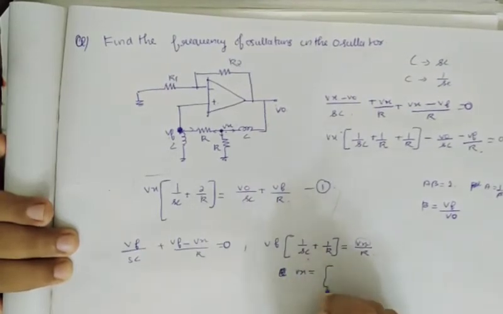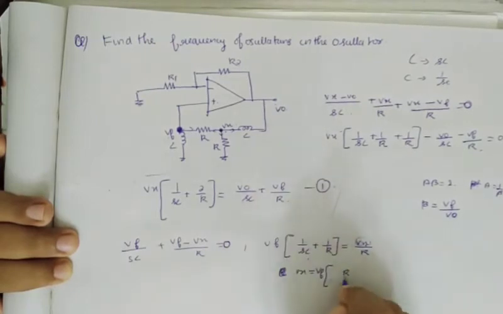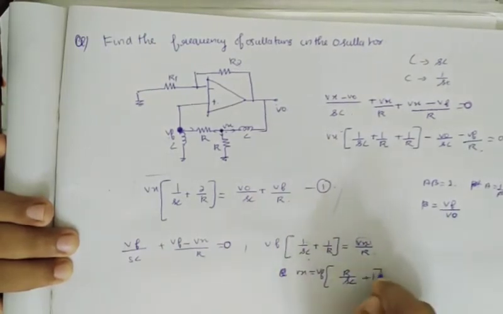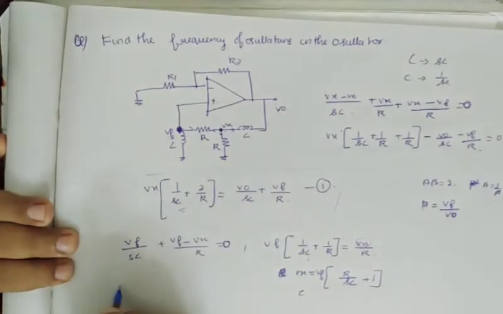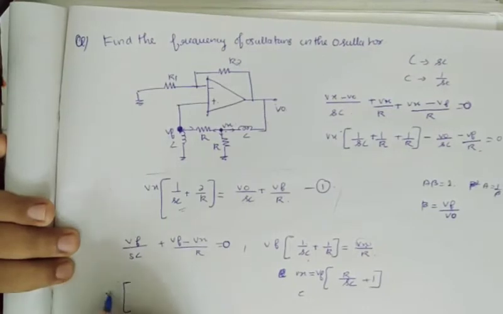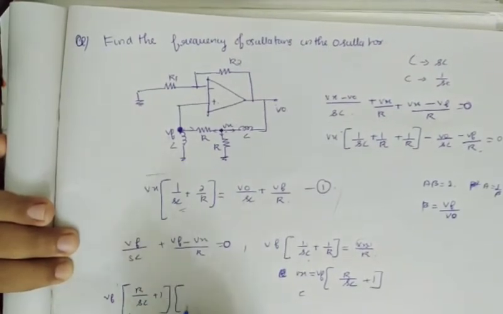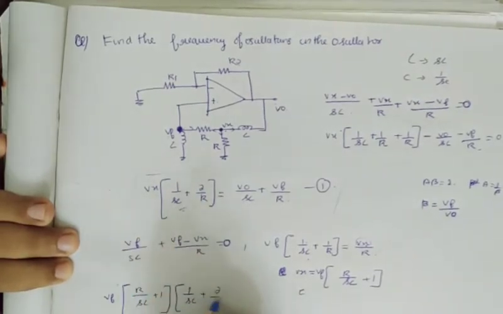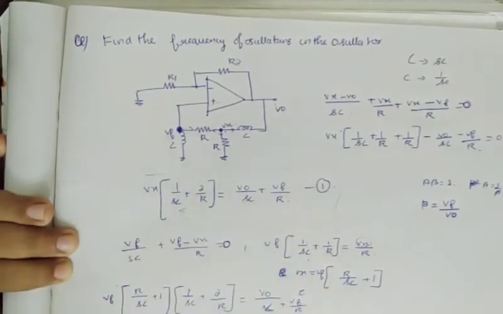Vx is equal to Vf into R divided by SL plus R. Okay. And I'm going to substitute that over here. We'll get, instead of Vx, Vf into R divided by SL plus R, into 1 plus SL plus 2 divided by R, equal to V0 divided by SL plus Vf divided by R, right?